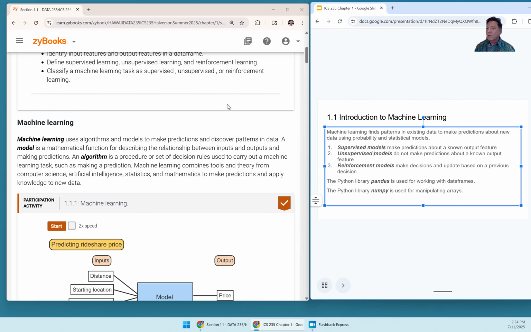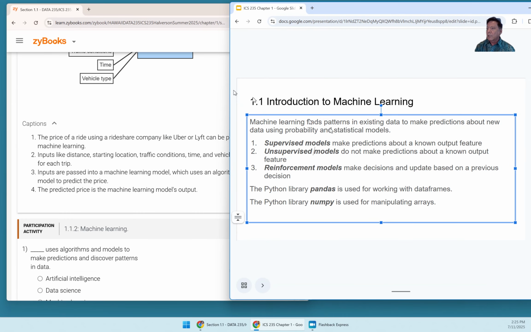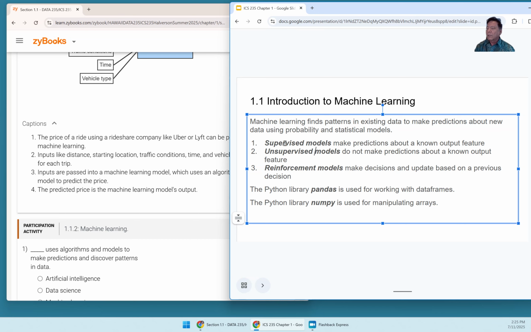And so in this first section, you should learn and remember the difference between supervised models, which make predictions about some certain output that you're targeting. You're trying to predict if it's A or B or C, and you already know A, B, or C. There's unsupervised models, where you're trying to figure out what the categories are.